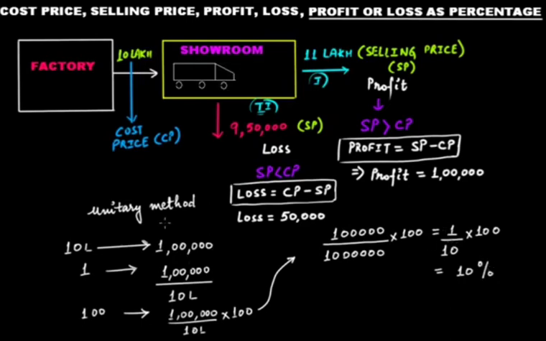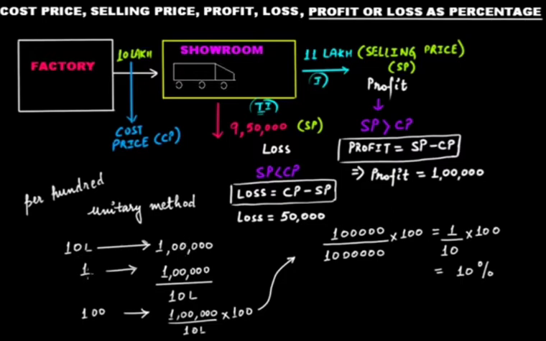Now, if you're wondering why we use the unitary method to calculate the profit percentage, you know that whenever we calculate percentage, it's always per 100, that is out of 100. We have discussed this point in our previous videos on percentages. If you haven't watched those videos, please watch them. The point was that when your cost price is 10 lakh, you make a profit of 1 lakh.